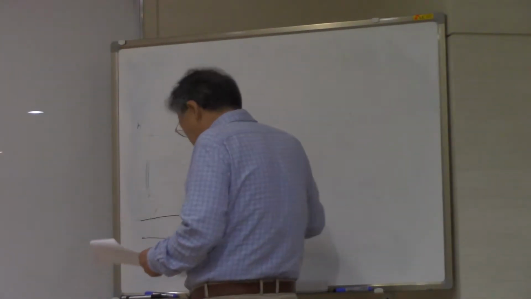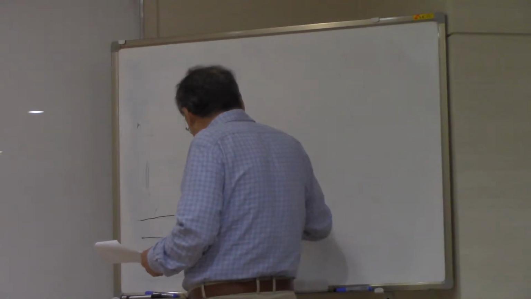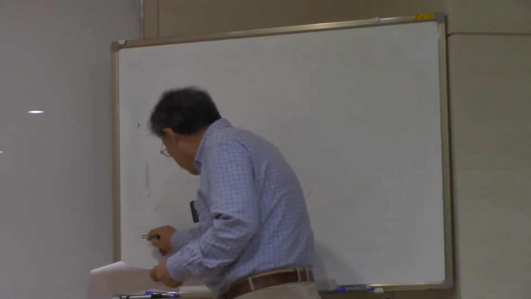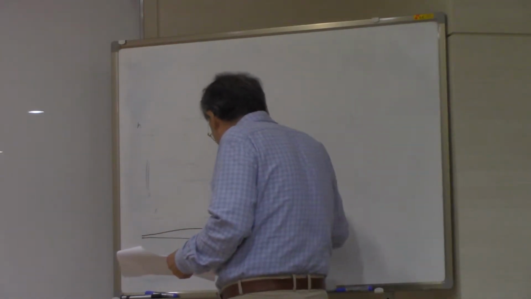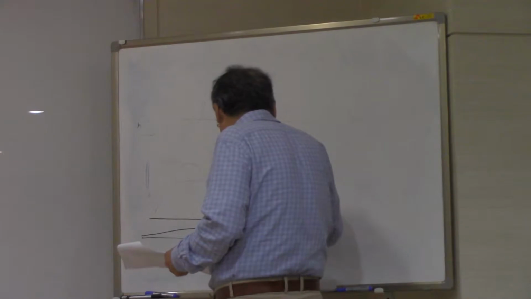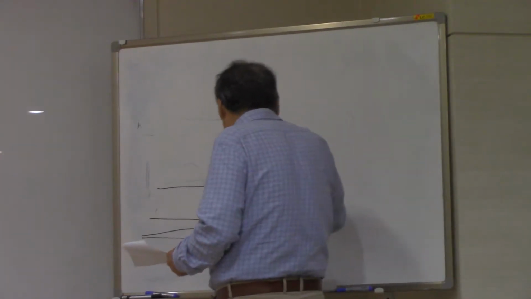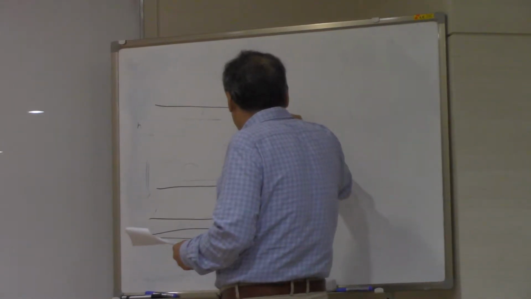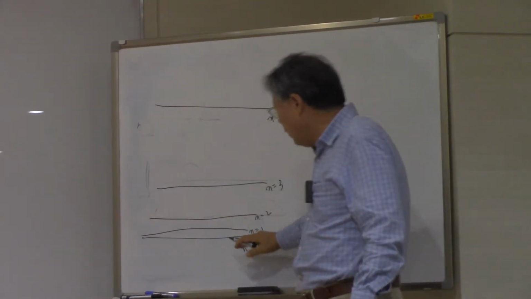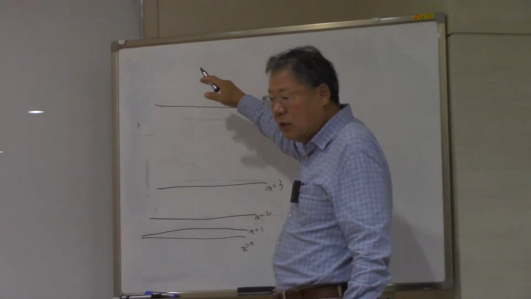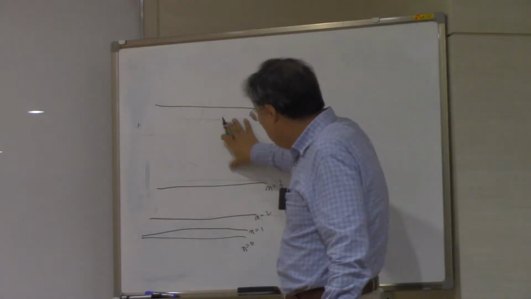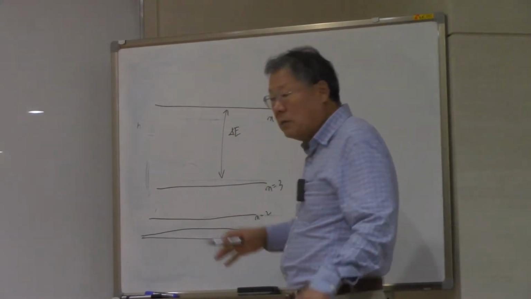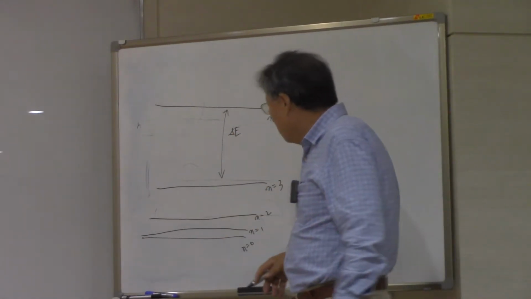Then n equal to 1 here, n equal to 2, n equal to 3, n equal to 4. So as the energy state is excited to higher energies, the energy gap becomes larger and larger. Okay?